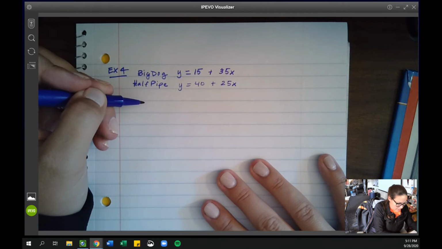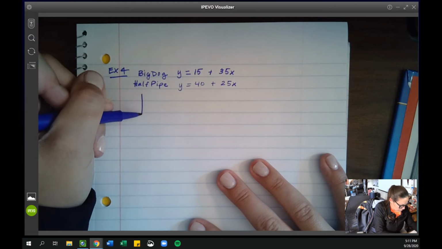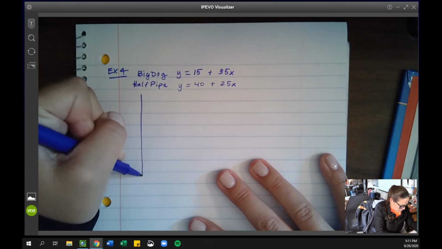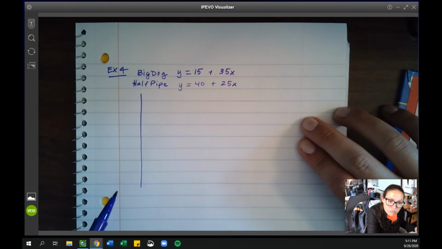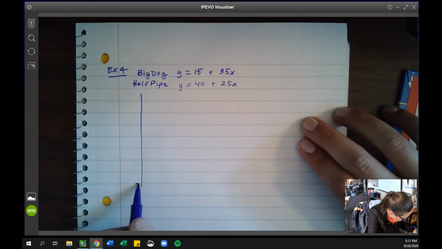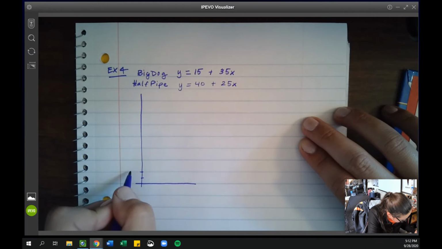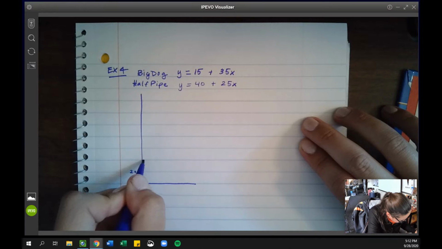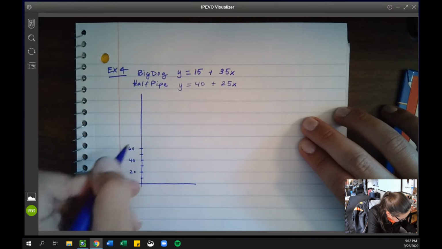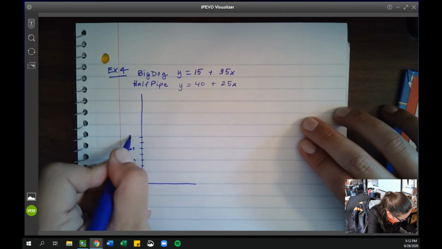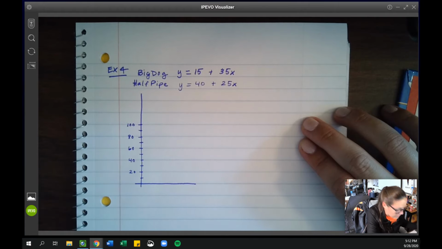Okay, so this graph, you're going to need to make it kind of tall. I'm going to use quite a few lines here. I'm going to make each line on my paper worth 20, but I'm going to mark every 10.